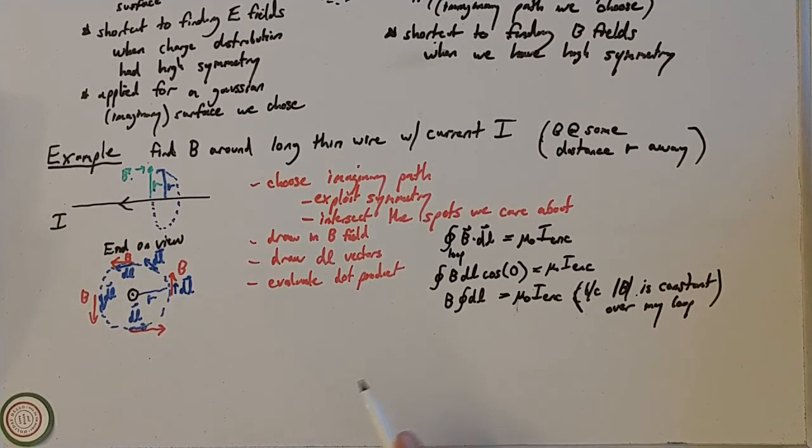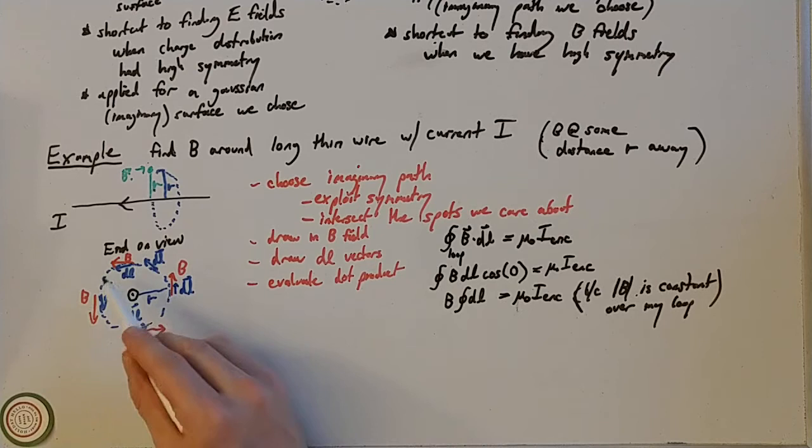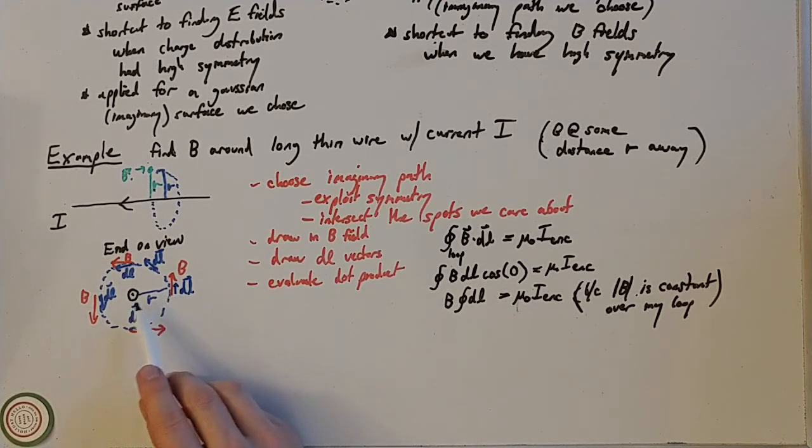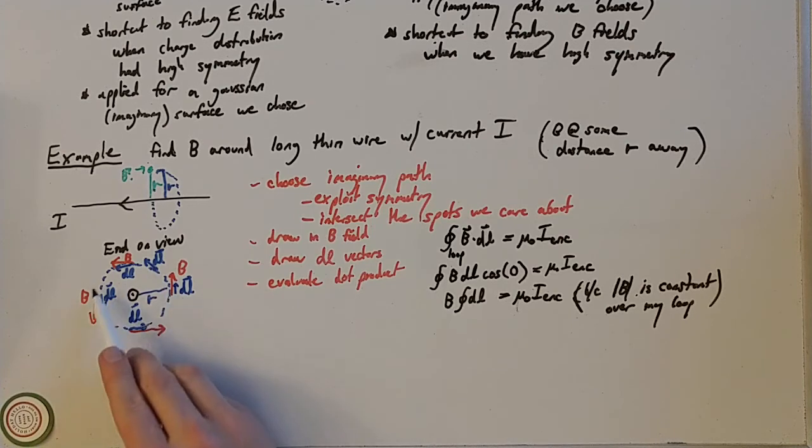Now all I have to do is evaluate this closed path integral of dl. If you integrate over dl, that's just saying how far did I walk, how far did I go around? I can calculate that. If I have a circle of radius r, the circumference, the distance I walked around, is 2 times pi times r.